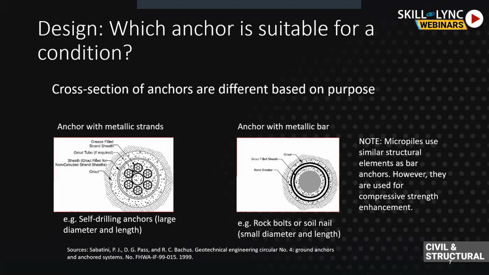As you see the anchor with metallic bar, we just have one single metallic bar for the strength. This is generally used for smaller lengths or smaller diameters because it is easy to apply, and we can apply more of these anchors in a smaller area, so that if one anchor breaks, the overall capacity will not decrease. So maybe in tension we have applied 10 rock bolts or 10 soil nails.